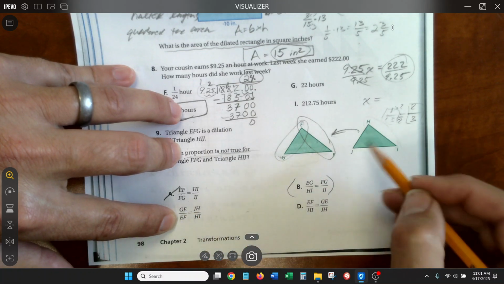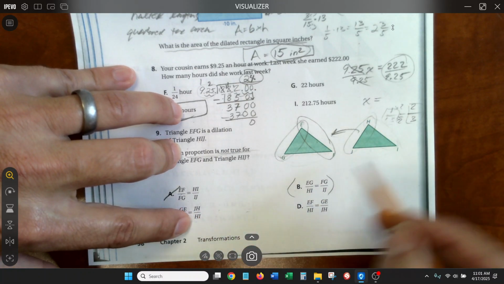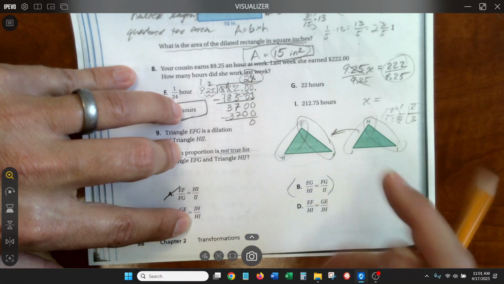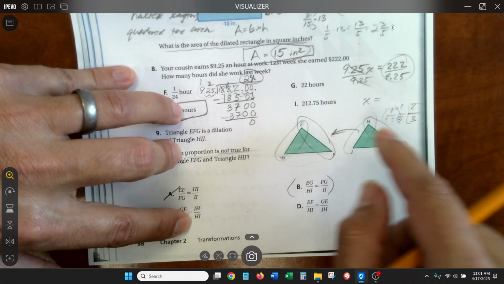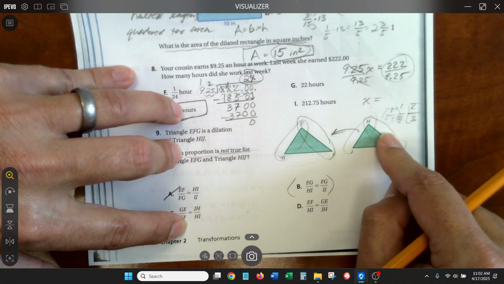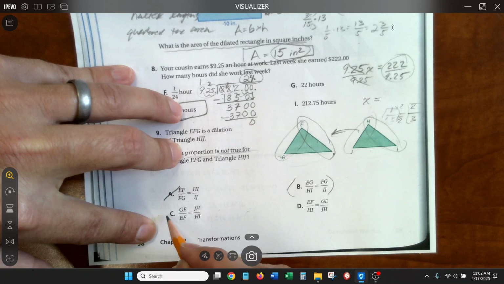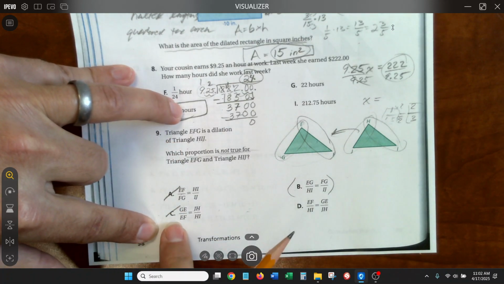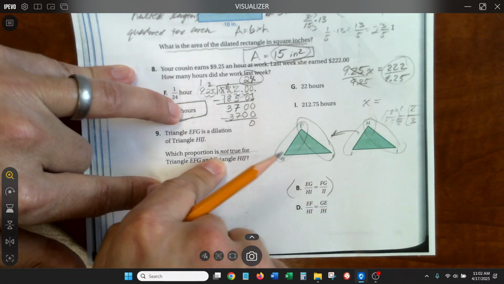So JH is the left side of the smaller one and HI is the right side of the smaller one. So left to right big equals left to right small. That's correct. Okay, so that can't be our right answer because we're looking for the one that's not true.